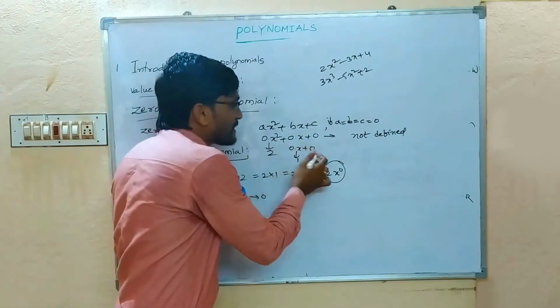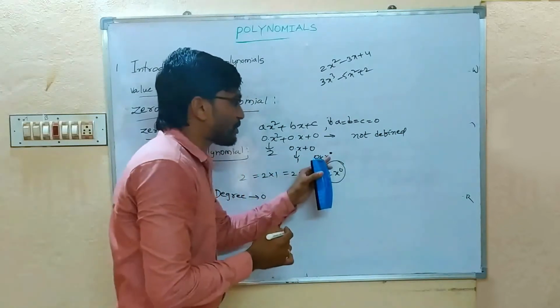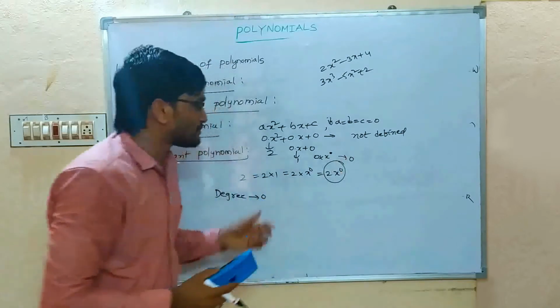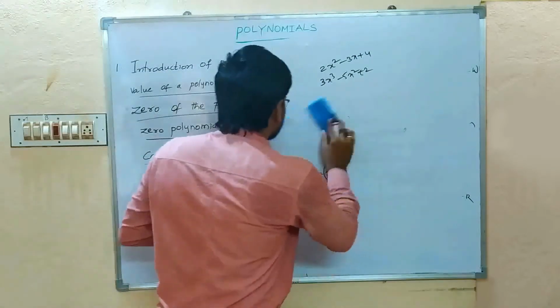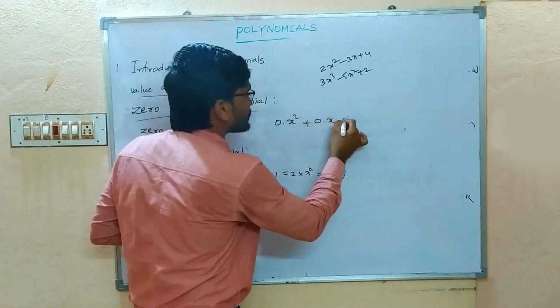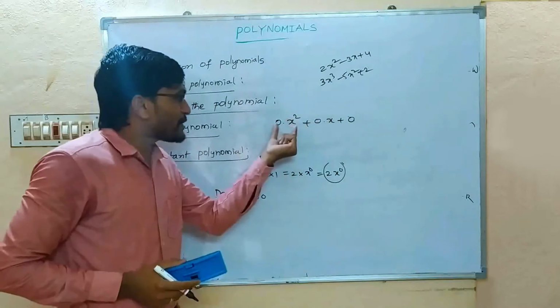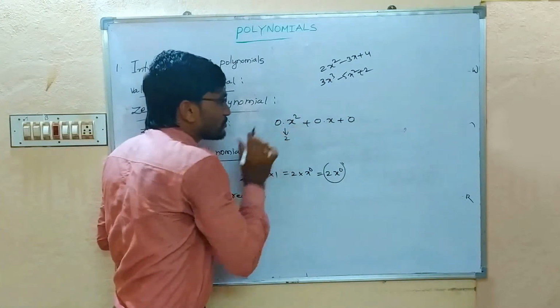0 into anything is 0. So here the highest power, I want to write this as x power 0. The degree is 0. Again I am telling this. Consider the polynomial 0 into x square plus 0 into x plus 0. For 0 into x square, the highest power is 2, so the degree is 2.